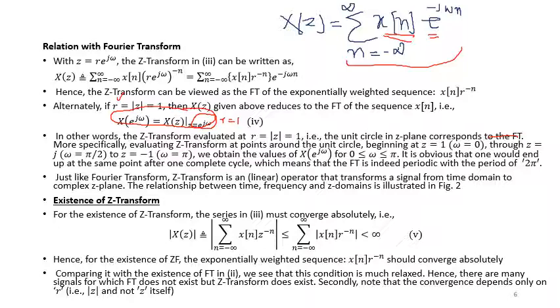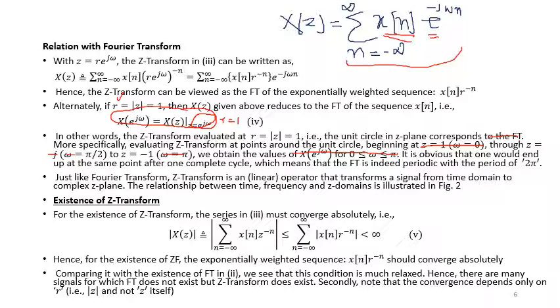More specifically, evaluating the Z transform at points around the unit circle, beginning at z equals 1, ω equals 0, through z equals j, ω equals π/2, to z equals minus 1, when ω is π, we obtain the values of X(e^(jω)), the discrete-time Fourier transform of the sequence, for ω from 0 to π.